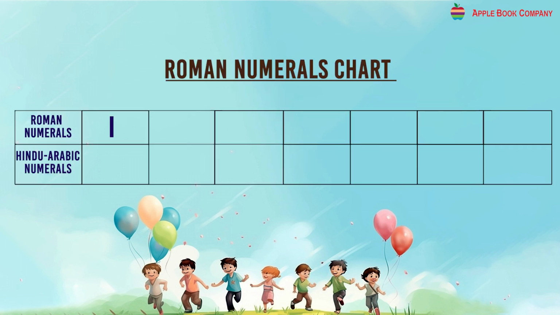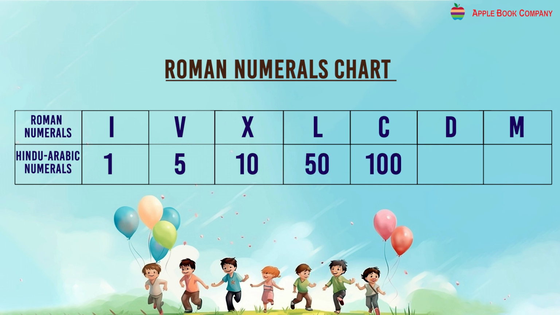Roman numerals I, V, X, L, C, D, M in Hindu-Arabic numerals are: I means 1, V is 5, X is 10, L is 50, C is 100, D is 500, M is 1000.